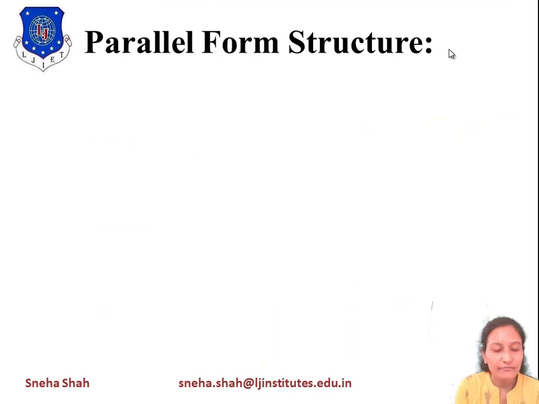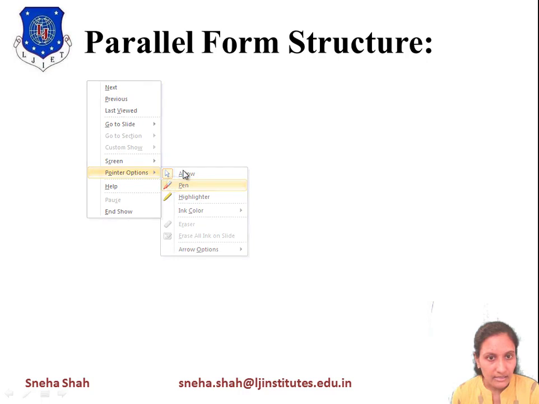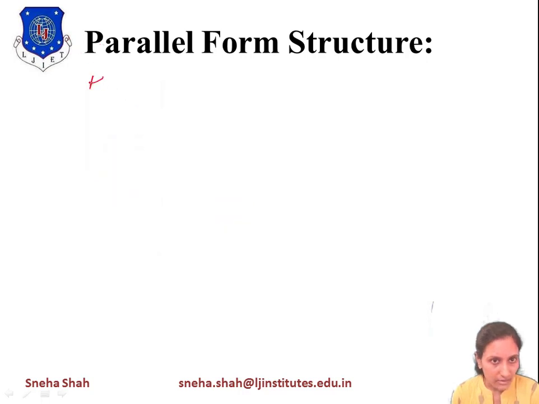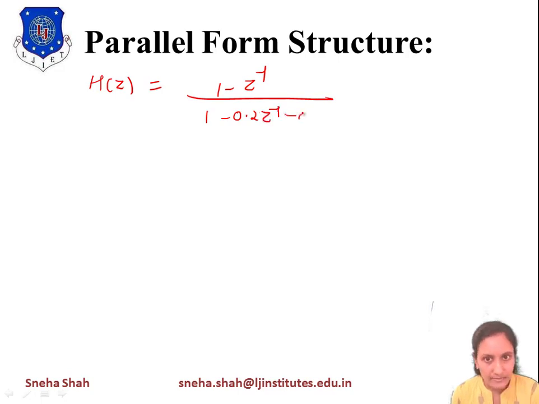Now the next form is the parallel form structure. The same example can be solved by using the parallel form structure. To find this, first of all we will start from the equation which is given to us. So the equation is h of z equals 1 minus z inverse upon 1 minus 0.2 z inverse minus 0.15 z raised to minus 2.